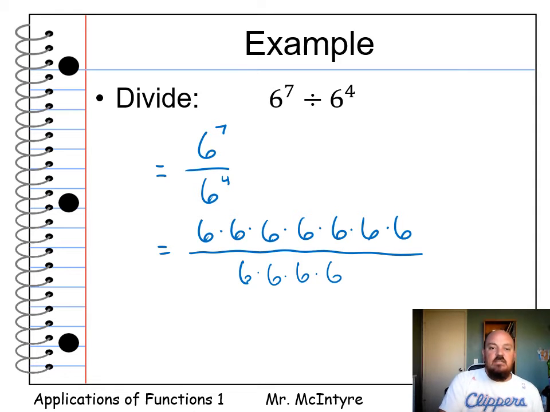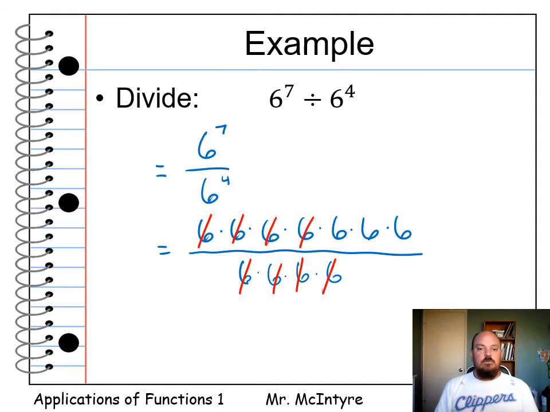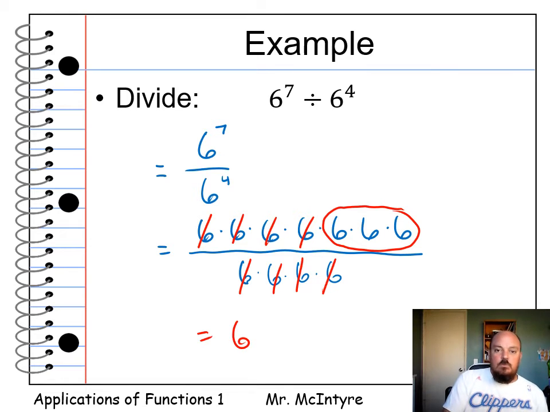This 6 right here cancels with this one on the bottom, and this 6 here cancels with that one, this one cancels with that one, and this one cancels with that one. After you've canceled out everything, so there's nothing left in the bottom anymore, what's left over is the answer. The answer is 6 times 6 times 6, or 6 to the 3rd power.